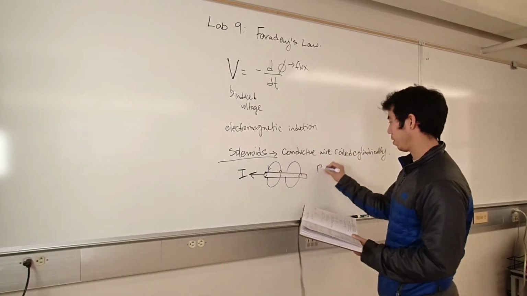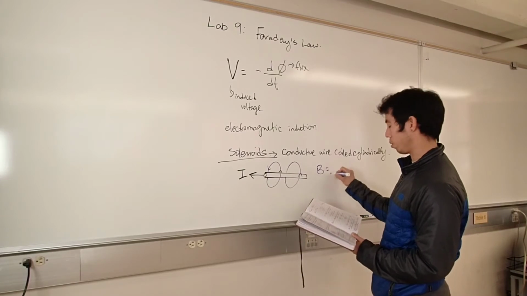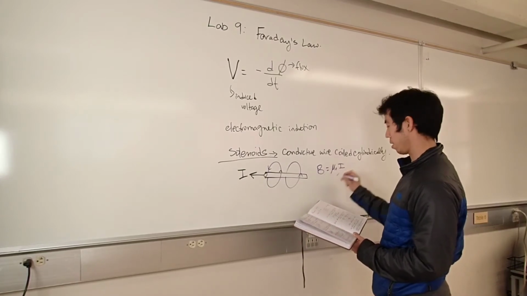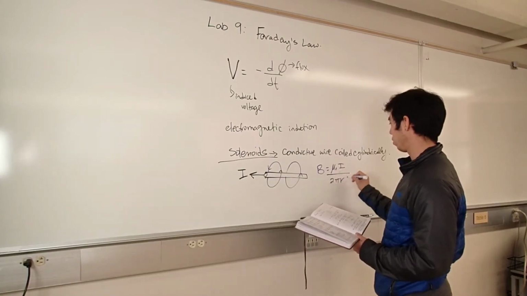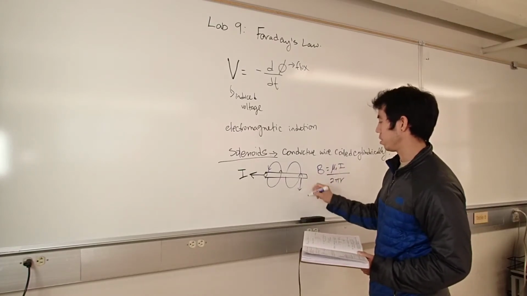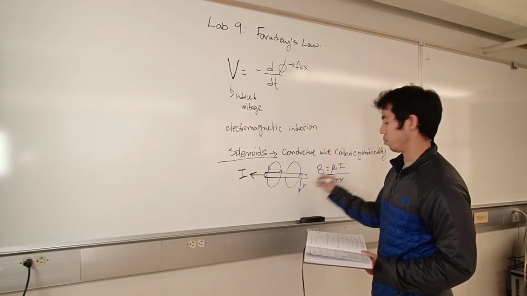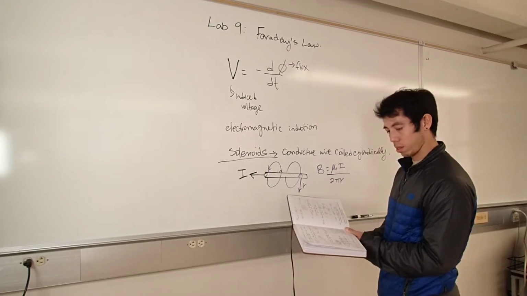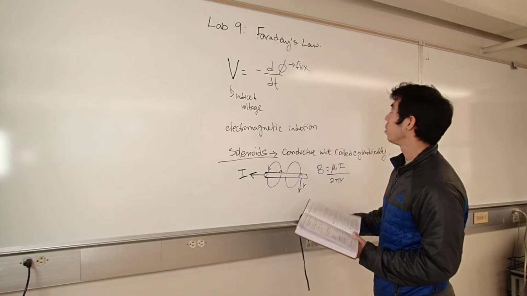The magnetic field is given by B equals mu naught I over 2 pi r, where I is the current through the wire, and r is the distance from the wire to any arbitrary point.